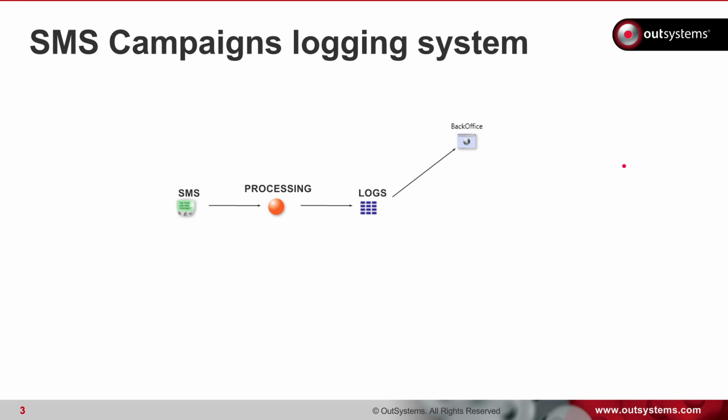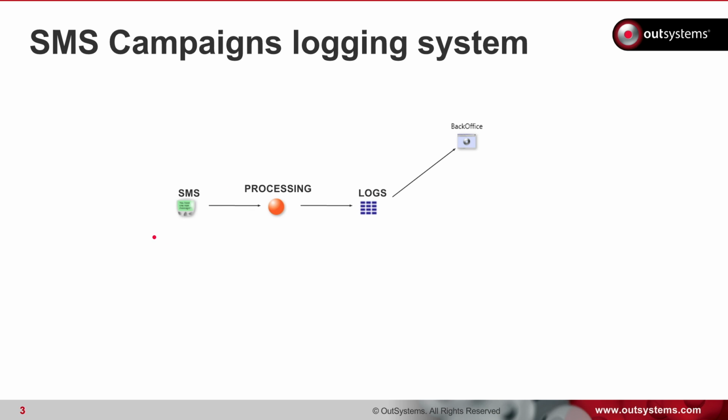Let's take a look at an example and a real case of using timers to offload heavy processing. There was this big telecom company that was a customer of ours that wanted to use the SMS campaigns system. So it wanted to generate SMSs for customers. So it prepares the messages for each customer.